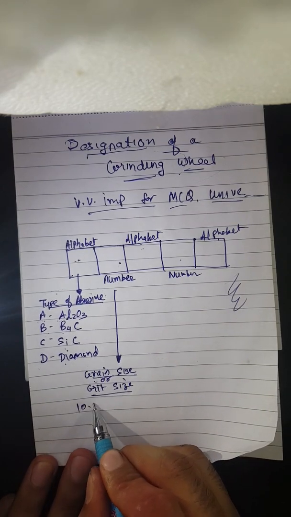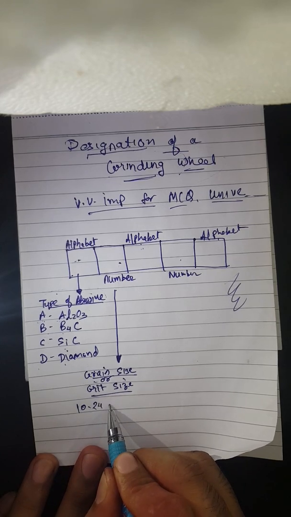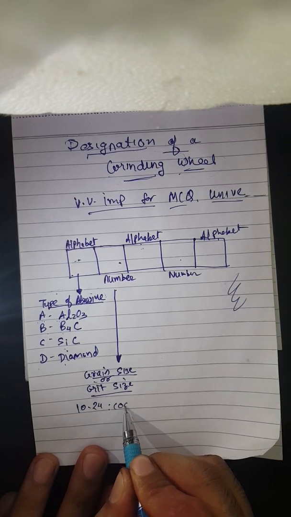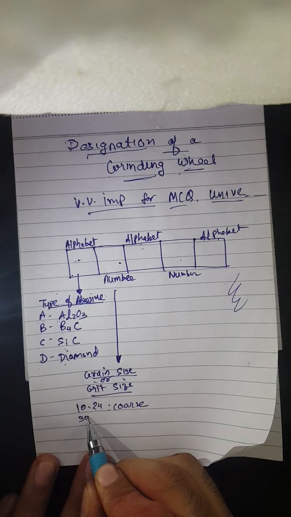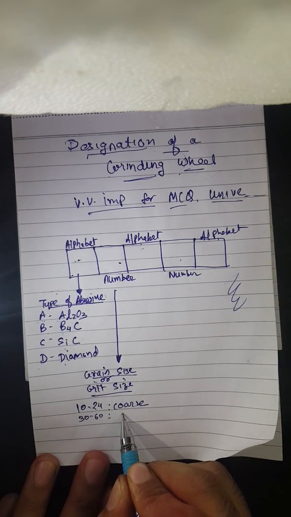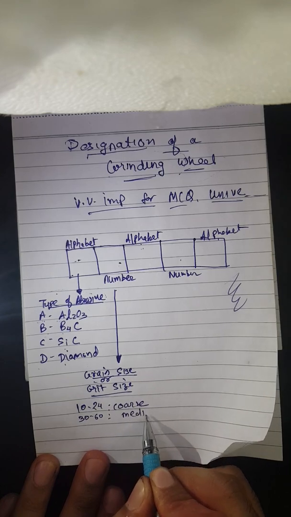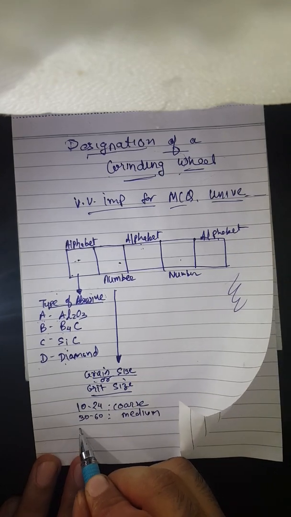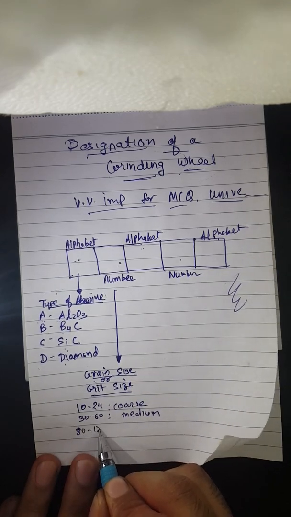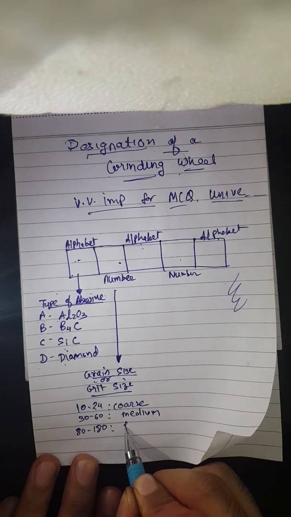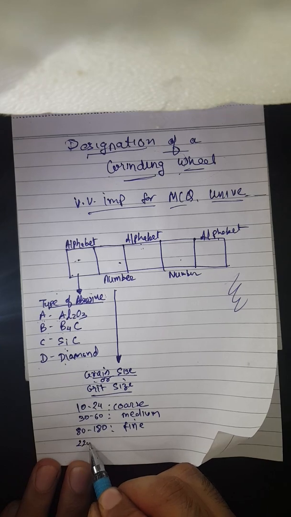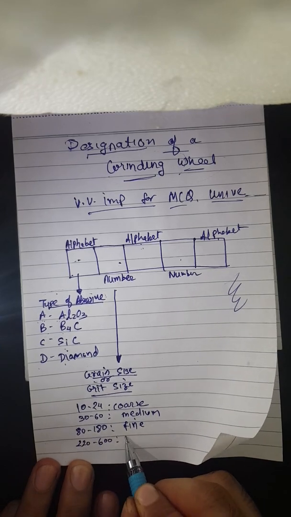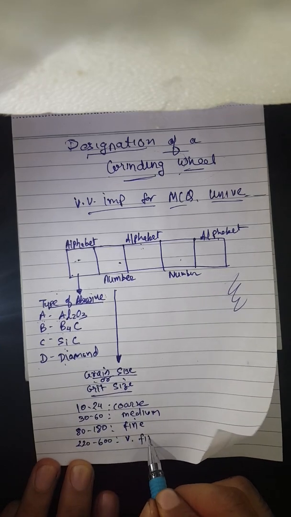If it is between 10 to 24, you call it a coarse grain. If it is between 30 to 60, you call it a medium grain. If it is between 80 to 180, you call it a fine grain. And if it is between 220 to 600, you call it a very fine grain.